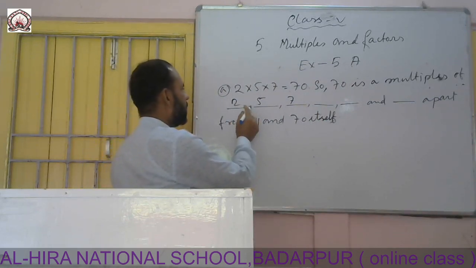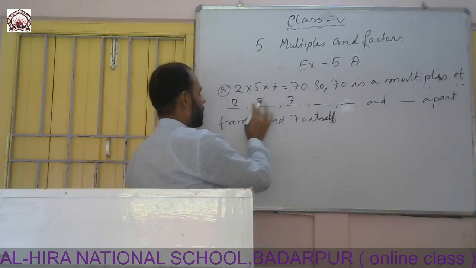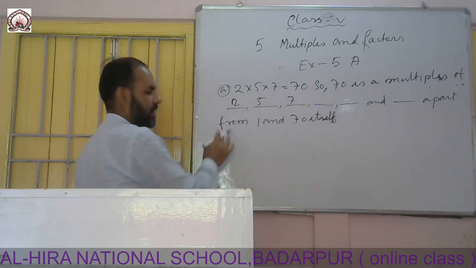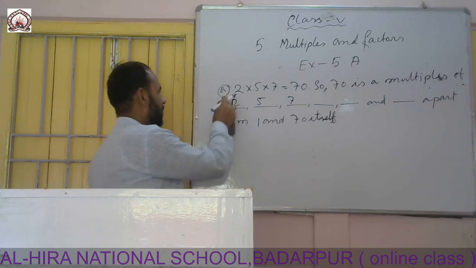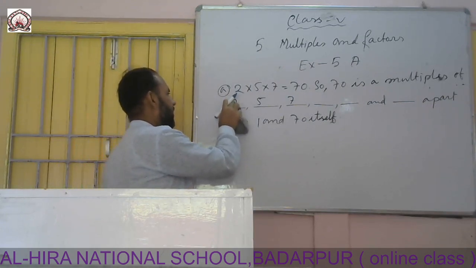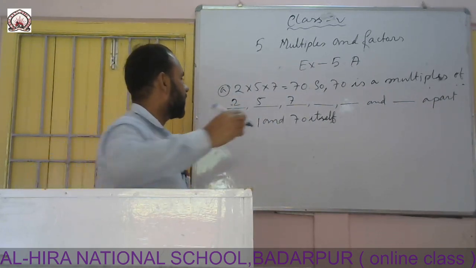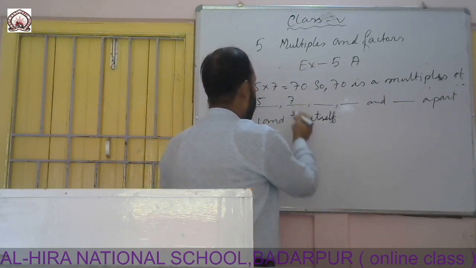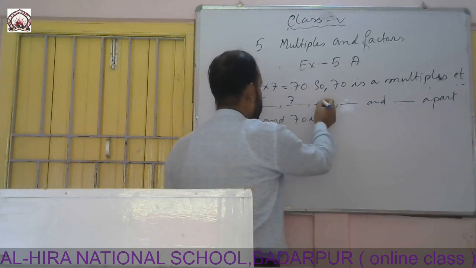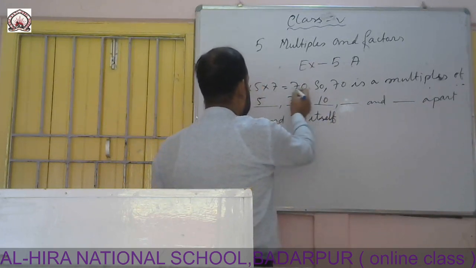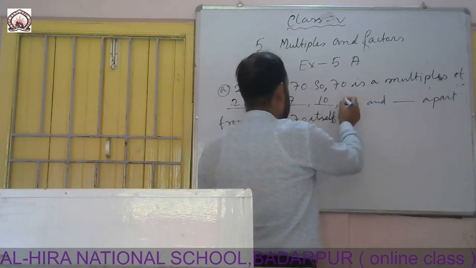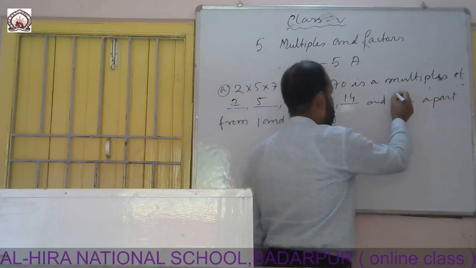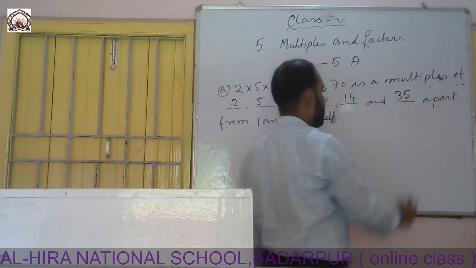So we divide by the given factors of 70, then we find the rest. Suppose 70 divided by 7, 7 tens are 70, 5 fourteens are 70, and 2 thirty-fives are 70.